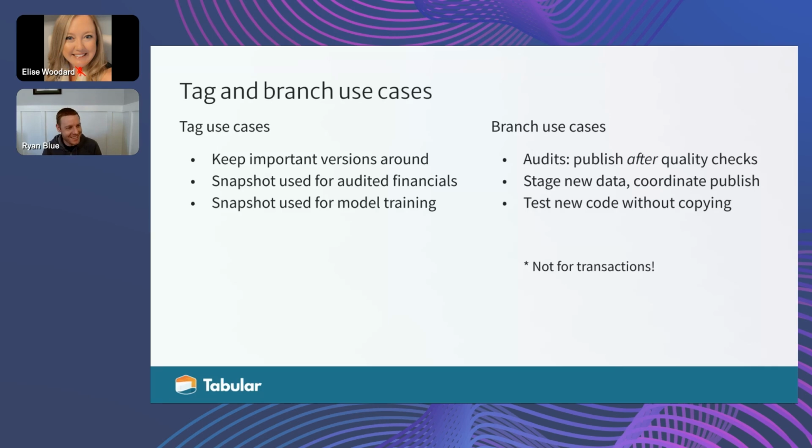What we want to do instead is to prevent bad data from going downstream. So branching is a generalization of that pattern, where you want to stack up not just one commit, but potentially multiple commits, run your audit or quality checks, and then publish by fast forwarding your main branch to that branched state.